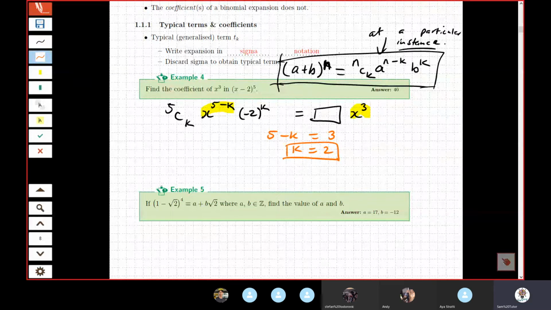Still with me, everyone? Once I've done that, for k equals 2, I know what the coefficient is, right? The coefficient is 5 choose 2, and then negative 2 to the power of 2. And I can guarantee you that gives you 40. That's the proper way. That's what you really need to know for binomials. What do we reckon? Does that make sense?